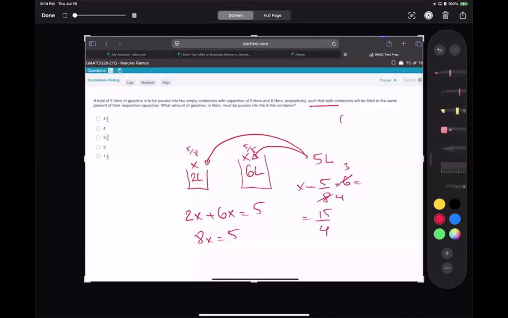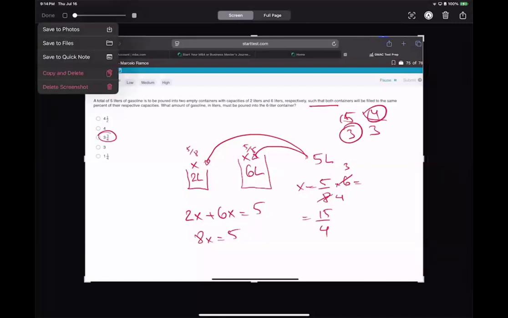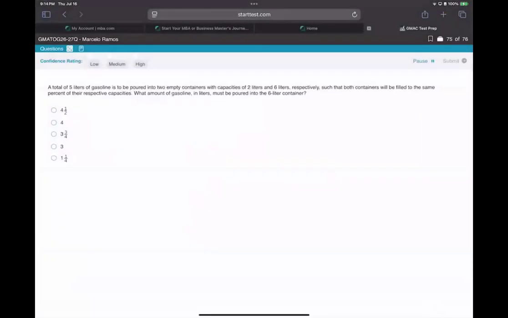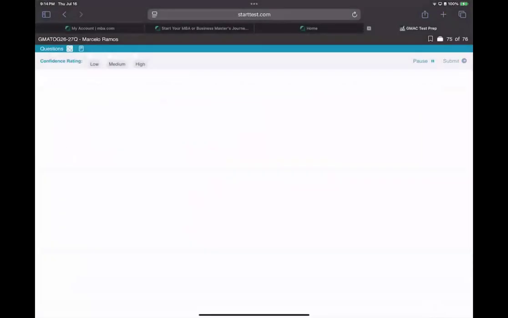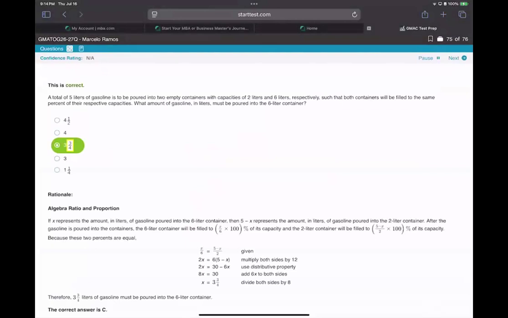So 15 over 4, which is 3 and 3 over 4. Is that okay? Classic. And the last one.